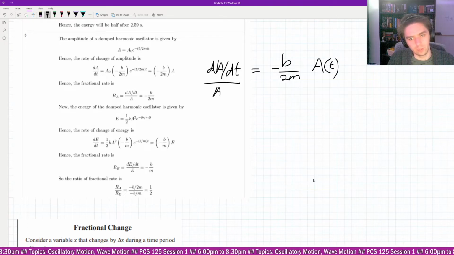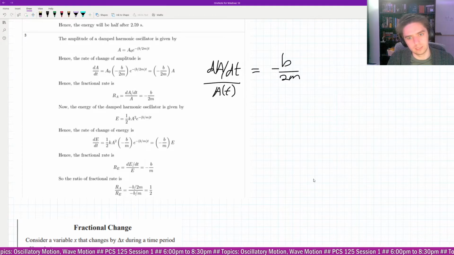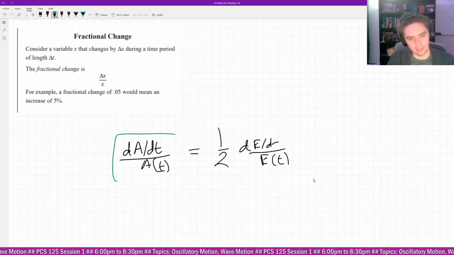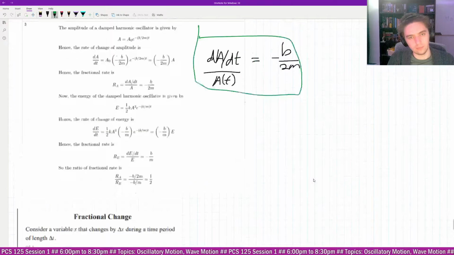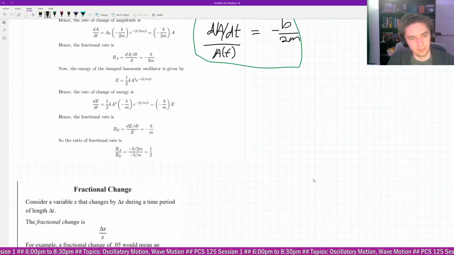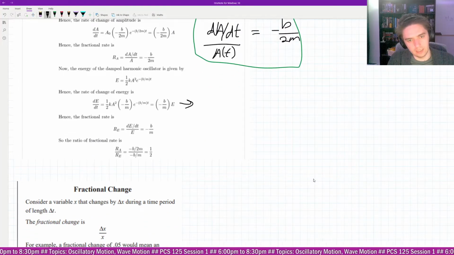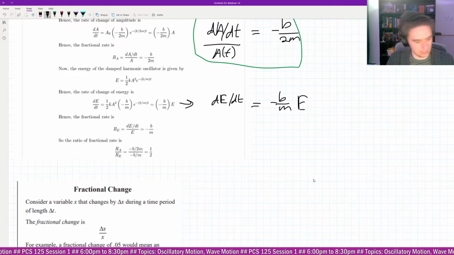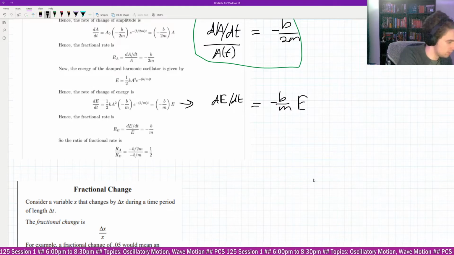So what they wanted for one part was that, right? That's this. And then the other one is similar. They found that dE by dt is equal to negative b over m times E.